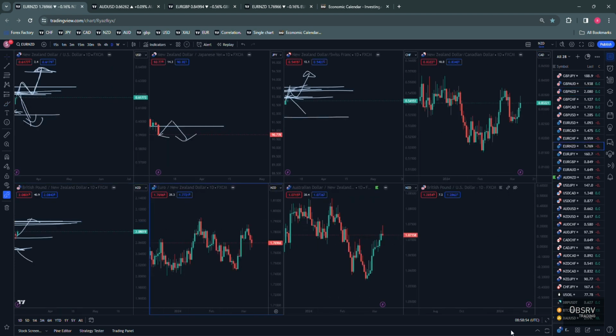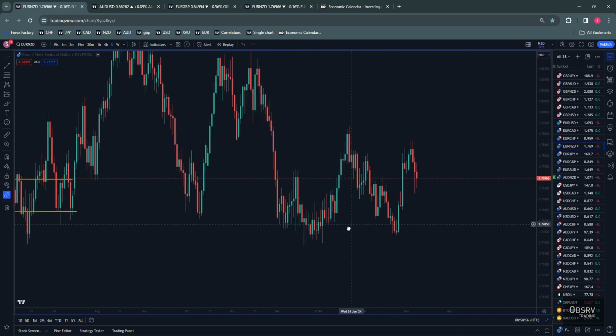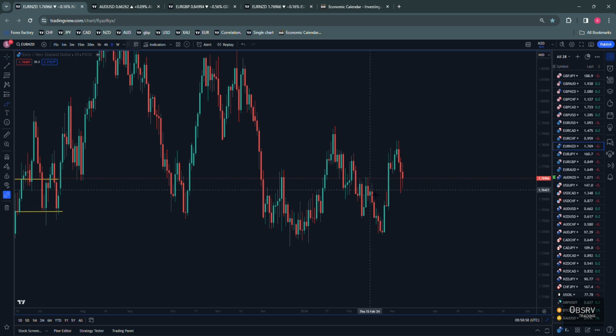Okay, Euro Kiwi, same thing as Pound Kiwi. Prices tried to sell here, could not sell. This is a very interesting area, very important area, because as you can see, the prices tried to sell here, got wrong-footed miserably. The prices are testing back down now.